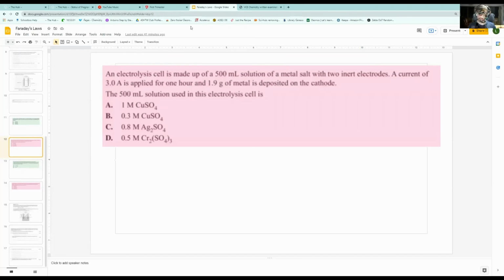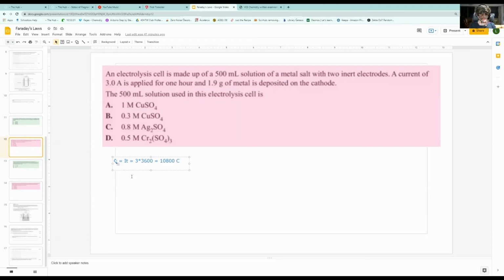All right, so what we can find straight away, we have current and we have time, so we should be able to find charge. So charge is going to be equal to I times t, which is 3 times 3,600, which is the amount of seconds in 1 hour. 3 times 3,600 is 10,800 coulombs.